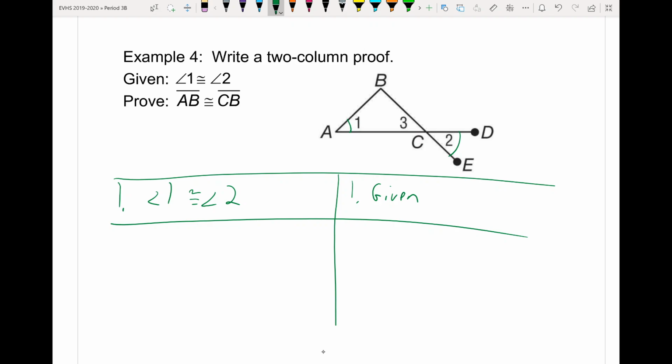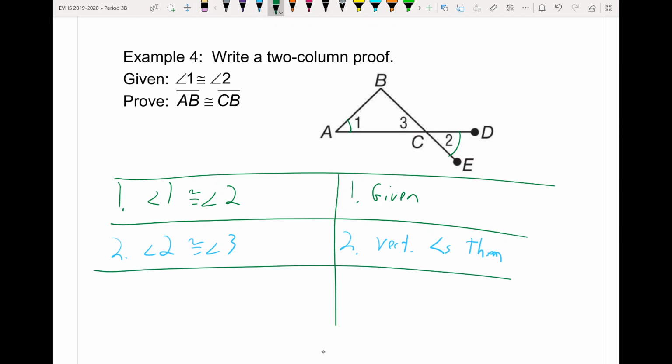All right. What are you seeing? Angle 2 is congruent to angle 3. How do you know that? That's the vertical angles. Let's give people a chance to think and process. Let's do orange this time.